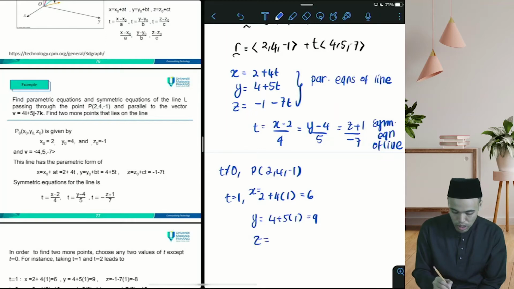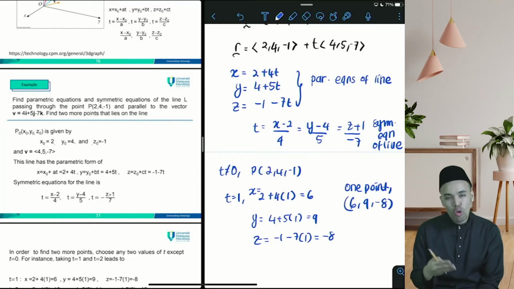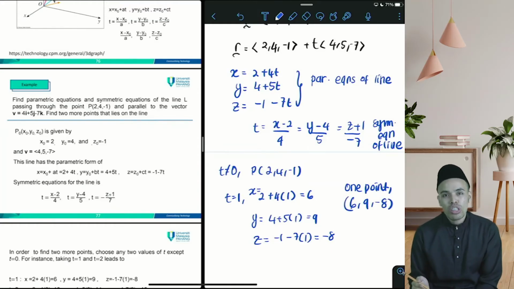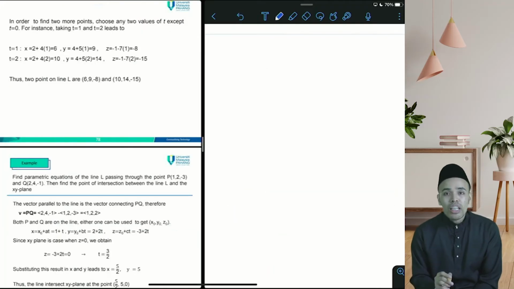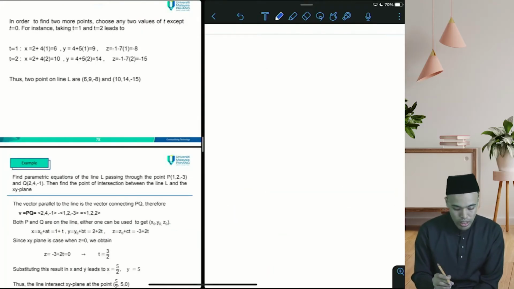And z is equal to -1 minus 7 times 1, which is -8. So you will get 1 point, which is (6, 9, -8). You can choose t is equal to 2 in order to get another point that lies on the line L. Now let's discuss this example.